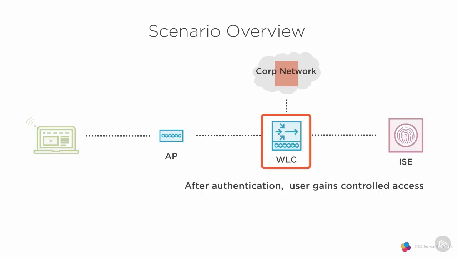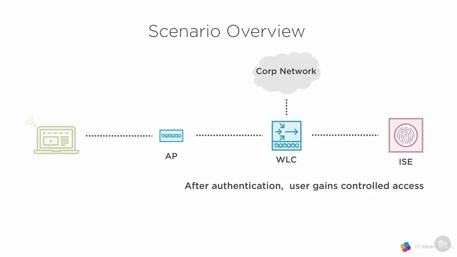And once that user authenticates as a guest or as an employee, depending on how they authenticate, then we'll go ahead and push down those rules to the controller. The controller will apply that access list, and then the user's traffic can flow based on what's allowed in that access list.